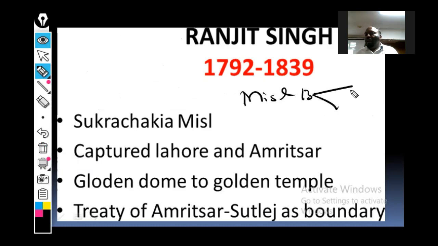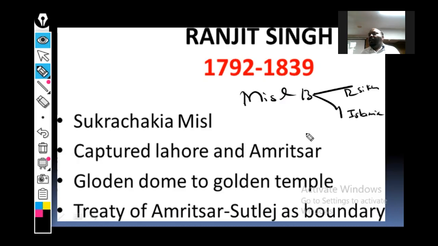Of these, 12 missiles are the Sikh community, and 1 missile is the Islamic community. All are Punjabis. These two religious groups are controlling the Sikh polity: the Islamic missile and the 12 Sikh missiles.